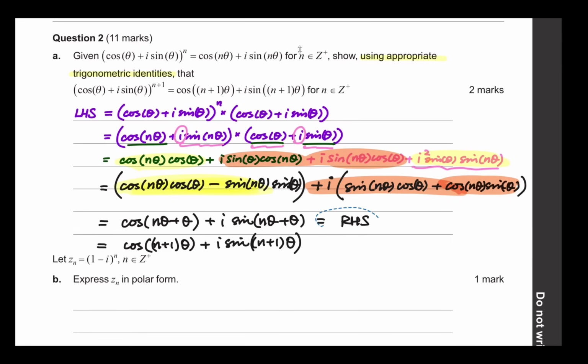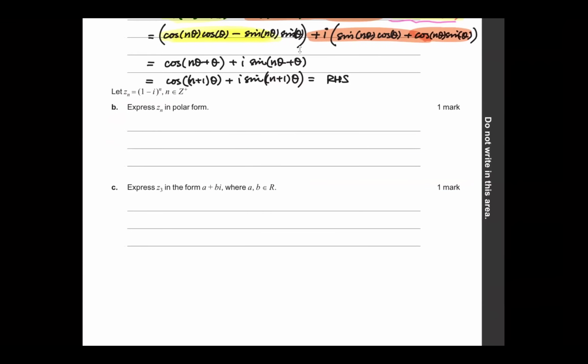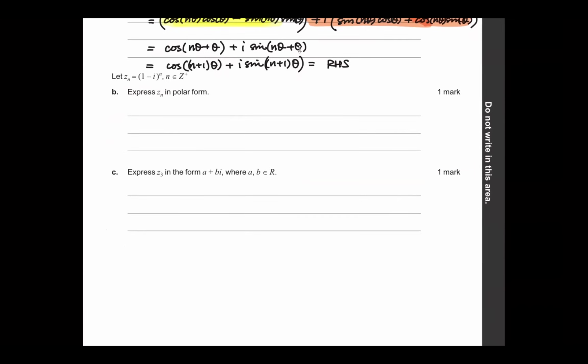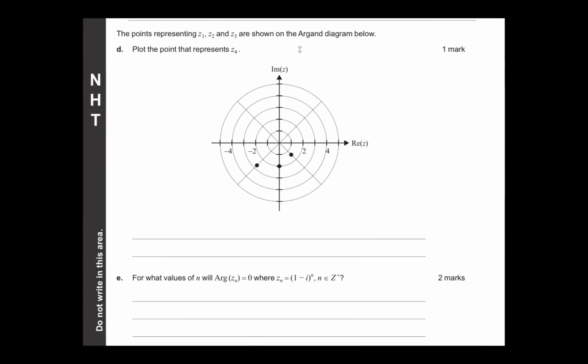All right, next. Let Zn equal (1 minus i) to the power n, n is in Z plus. Express Zn in polar form. Express Z3 in the form a plus bi, Cartesian form. Z1, Z2, Z3, Z4.